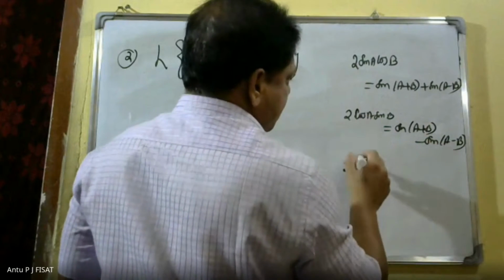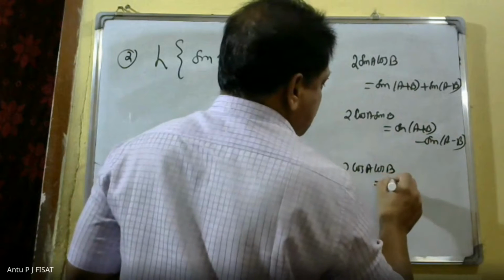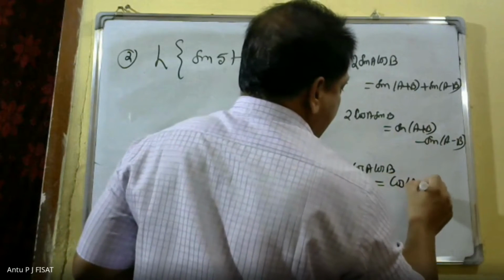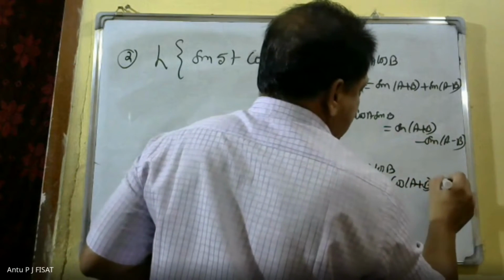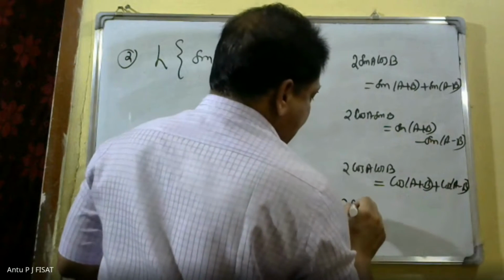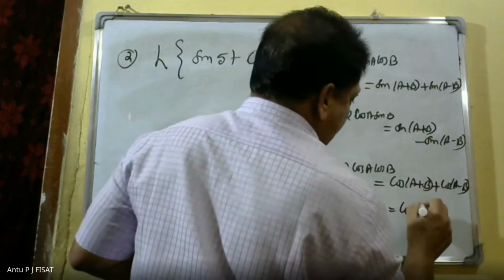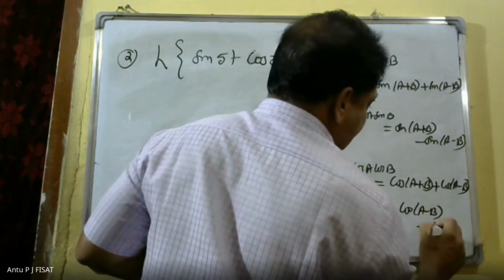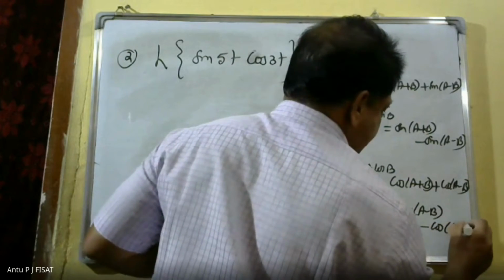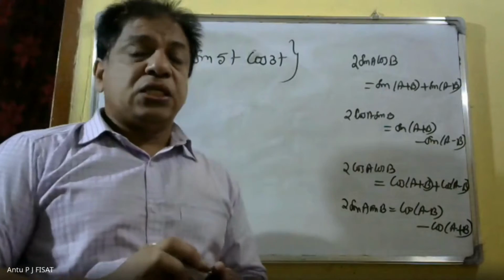Then 2 cos a cos b is equal to cos (a plus b) plus cos (a minus b). Then 2 sin a sin b is equal to cos (a minus b) minus cos (a plus b). These are the 4 important trigonometric identities.